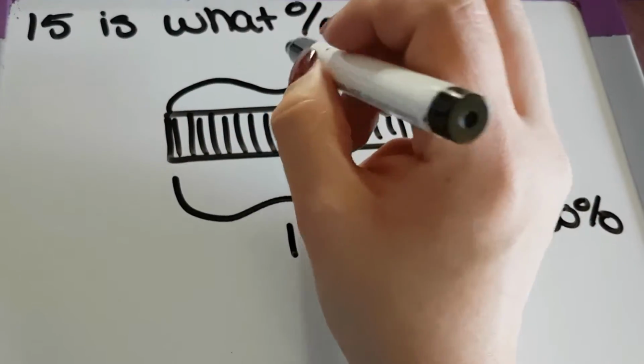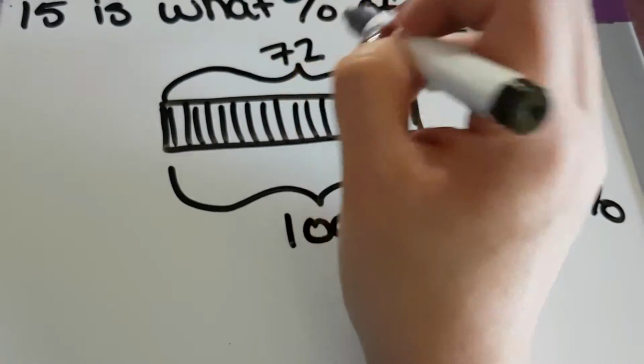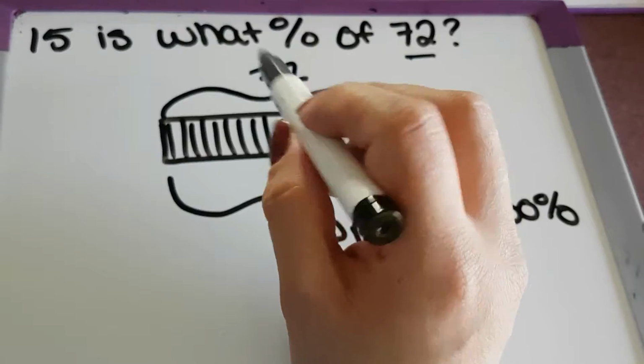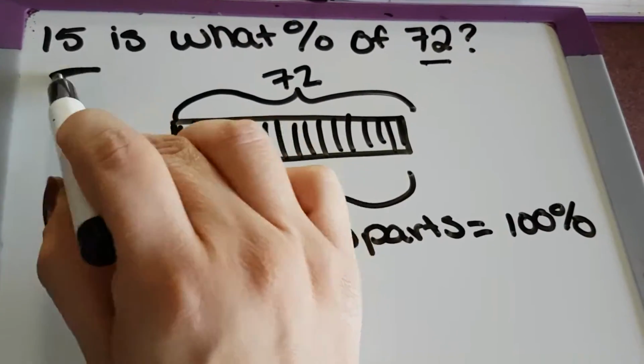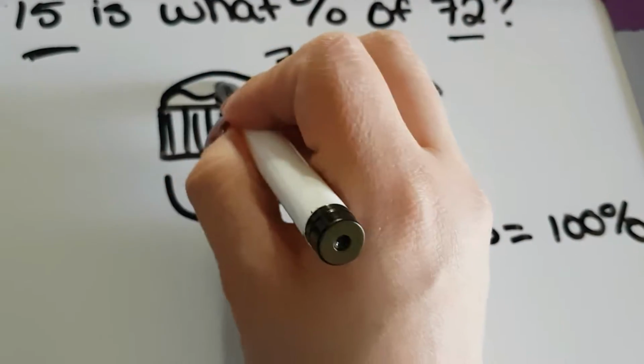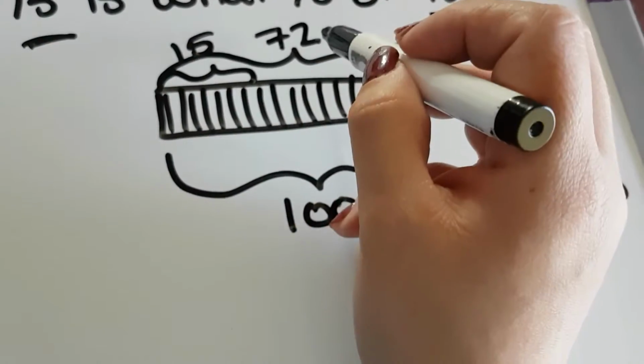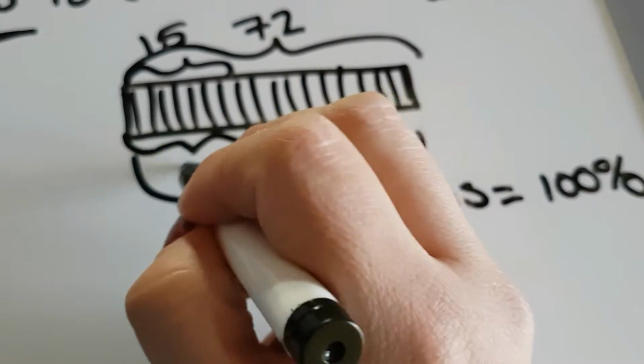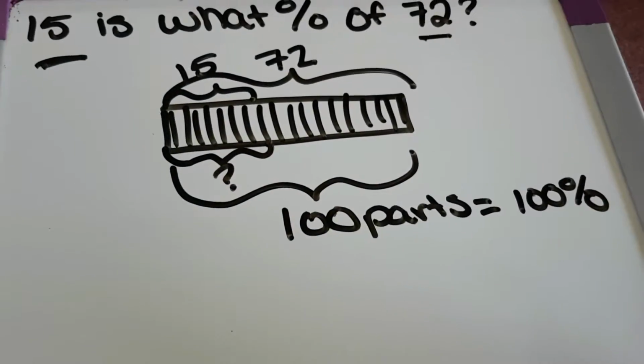So out of this whole percent bar, this will be 72. That is our whole. And out of our whole of 72, we are using 15. Now, what is the percent of 15? That is what we're finding out.